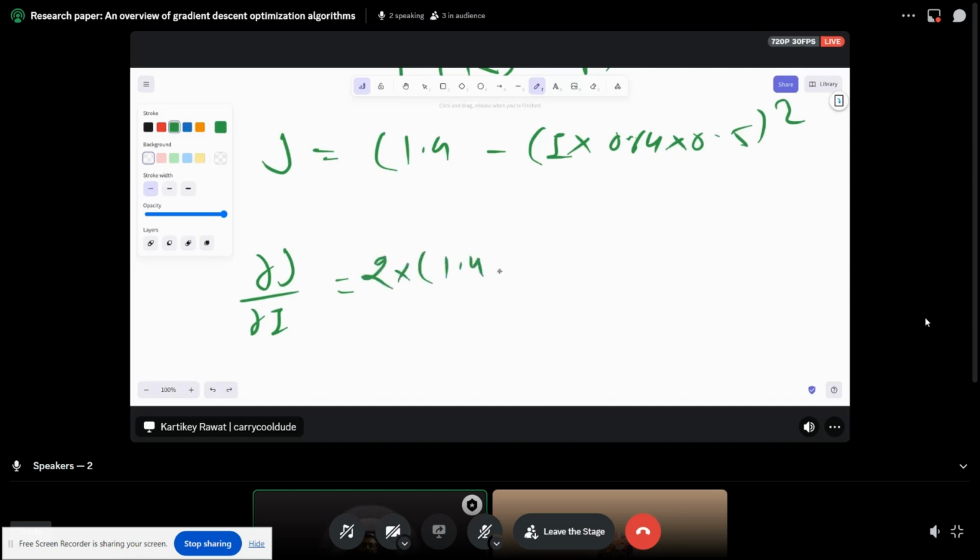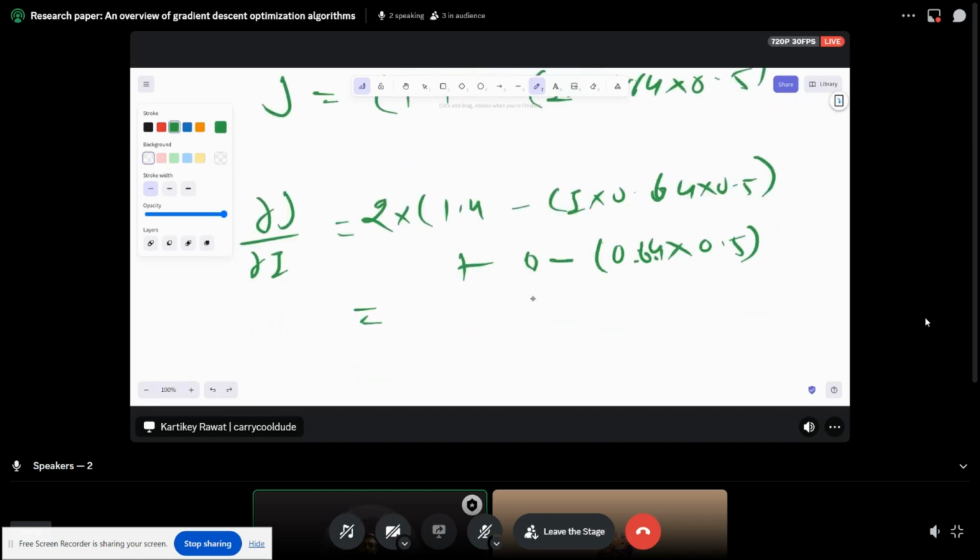So 2 into 0.4 minus I into 0.64 into 0.5, plus 1.4 will be 0, negative I will become 1, so we are getting around 0.64 into 0.5, right?